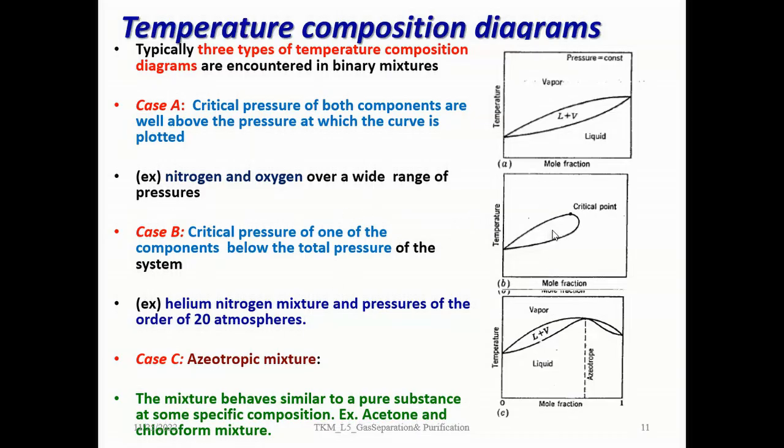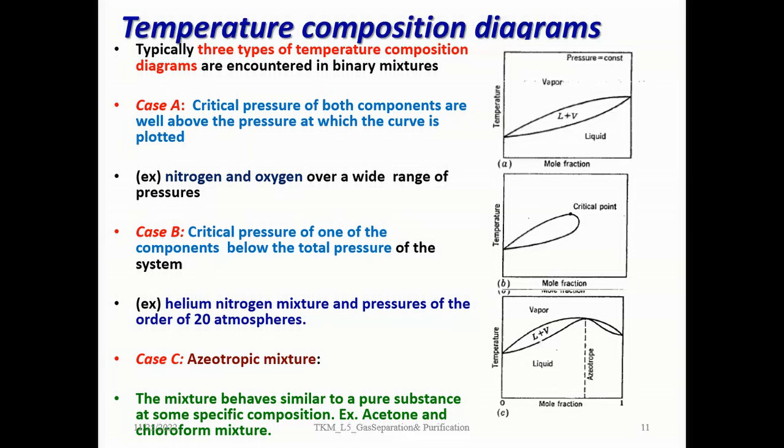For example, if you consider helium-nitrogen mixtures at a pressure of 20 atmospheres, then the temperature-composition curve behaves like this. You see the critical point of one of the components starting at this one. The curve actually terminates in this manner.